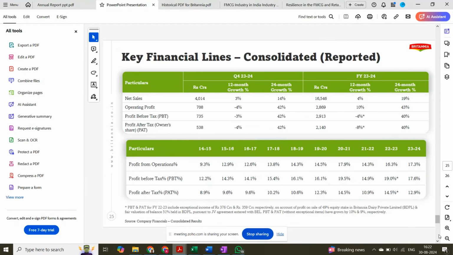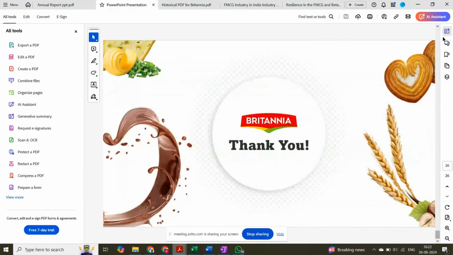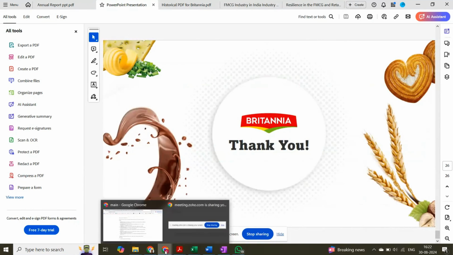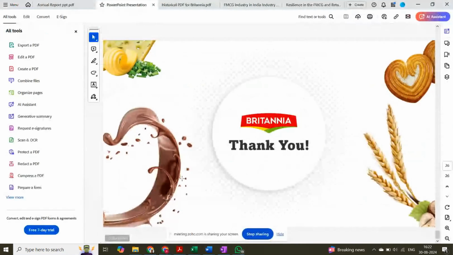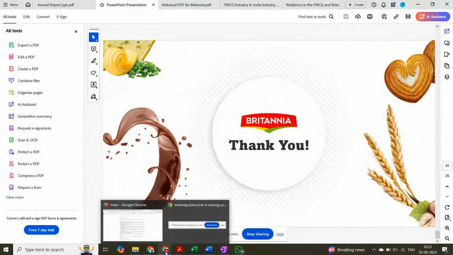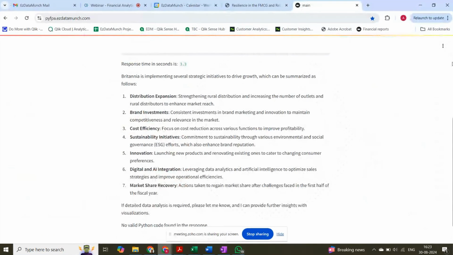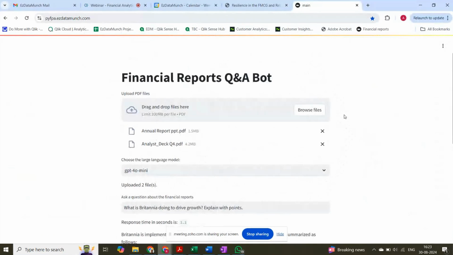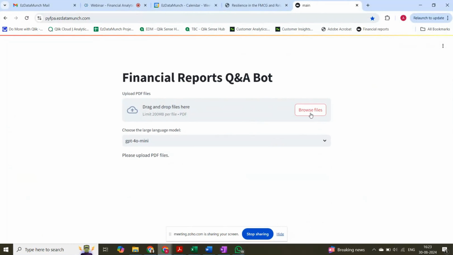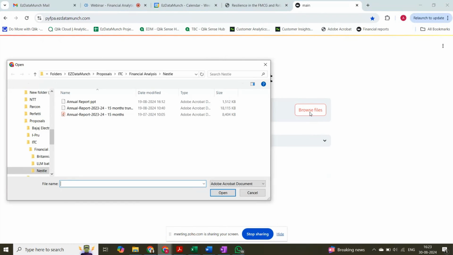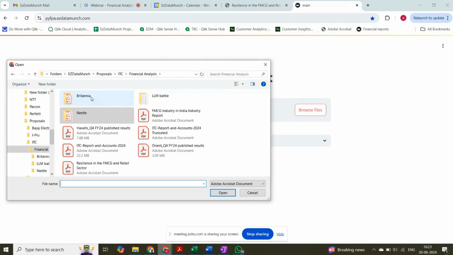Okay. If I were to go back to the second thing I said I would show you all, we've looked at these two documents. So let me get out of these documents and look at the historical analysis of Britannia.